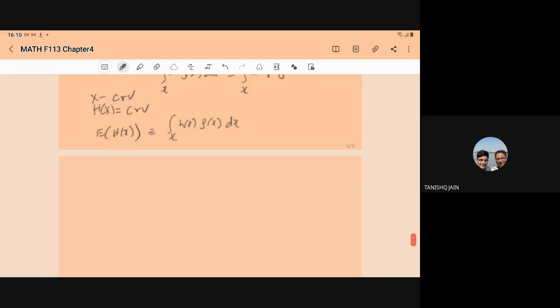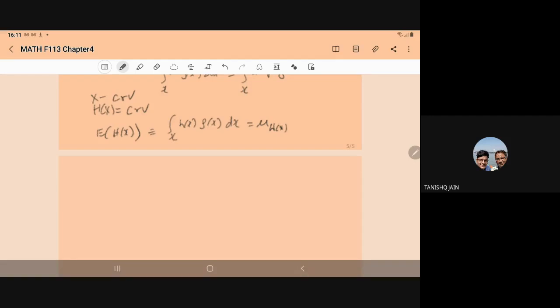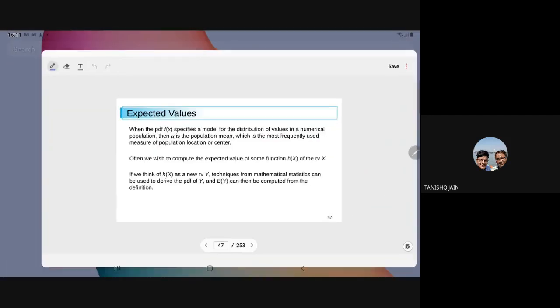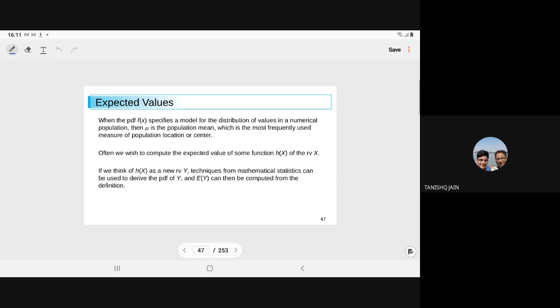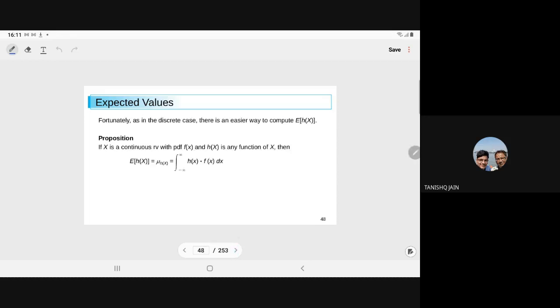This we denote by mu h(x). So for a function of the random variable also you can write the expected value. Here we have the formula for computing the expectation of a function of the random variable.